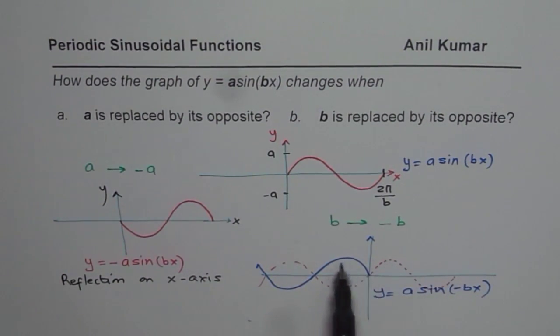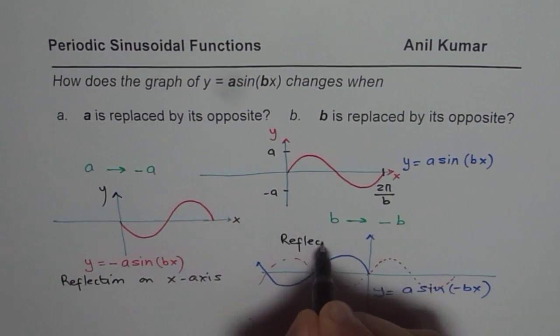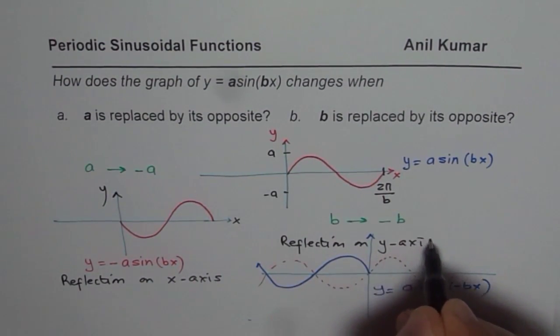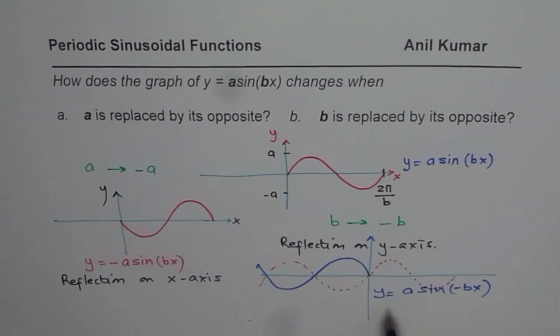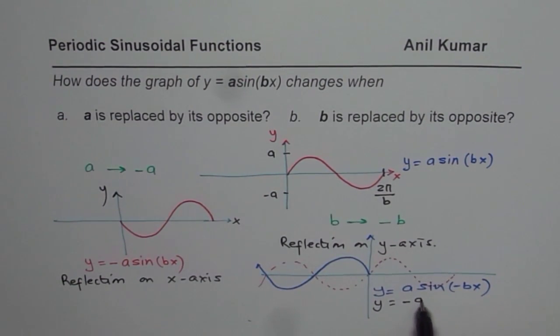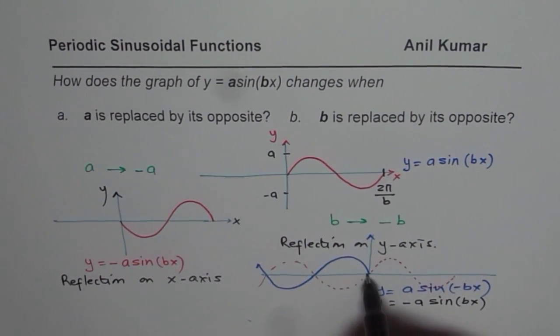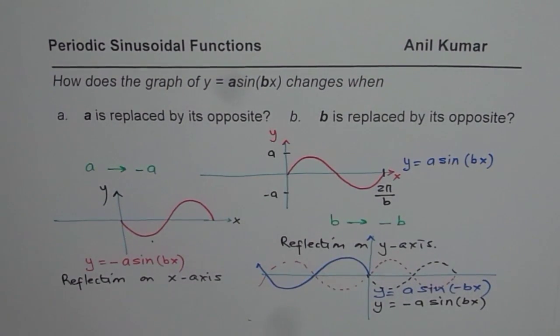So we can write this as reflection on the y-axis. Now some of you can rewrite this equation as y equals minus a sine bx, because sine of minus bx is minus sine bx. Do you see that? For some, you could go this way also, which looks similar.